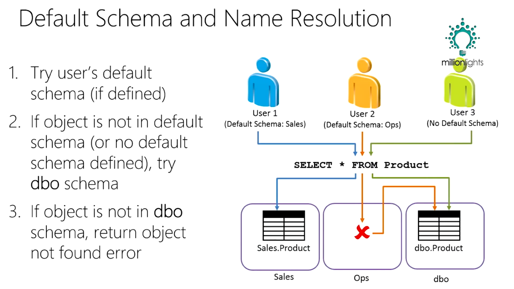You won't notice any difference, and it's very, very fast. But scale that up to thousands of users and thousands of transactions, and all of a sudden this extra check of is it in the default schema, no, let me check the DBO schema, can cause significant scalability issues.